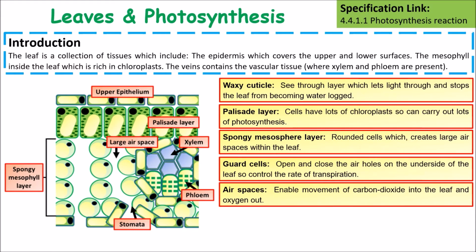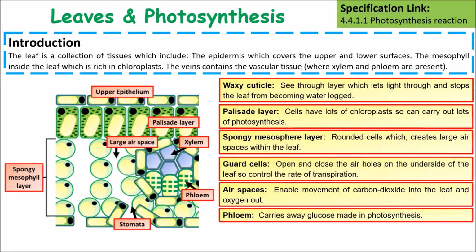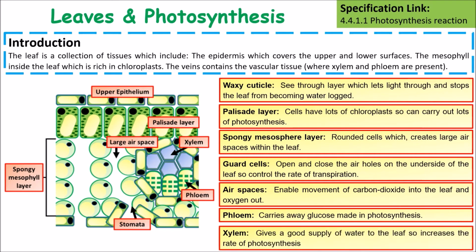The air spaces enable carbon dioxide to diffuse into the palisade cells and oxygen to diffuse out. You've got lots of phloem, which carry away the glucose made during photosynthesis. And finally the xylem. The xylem carry water to the leaf that is required by photosynthesis.